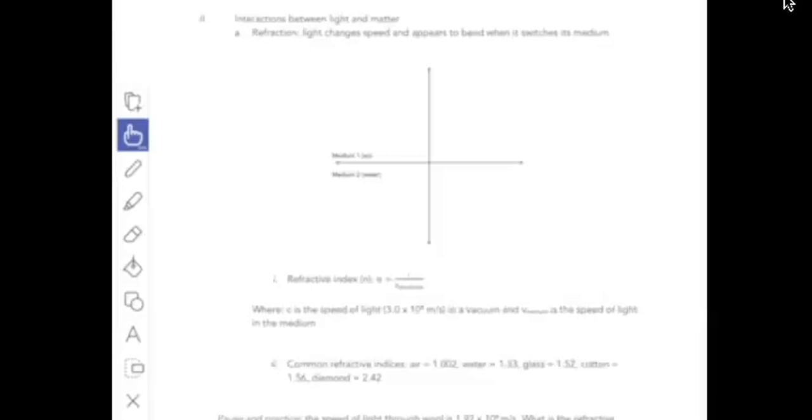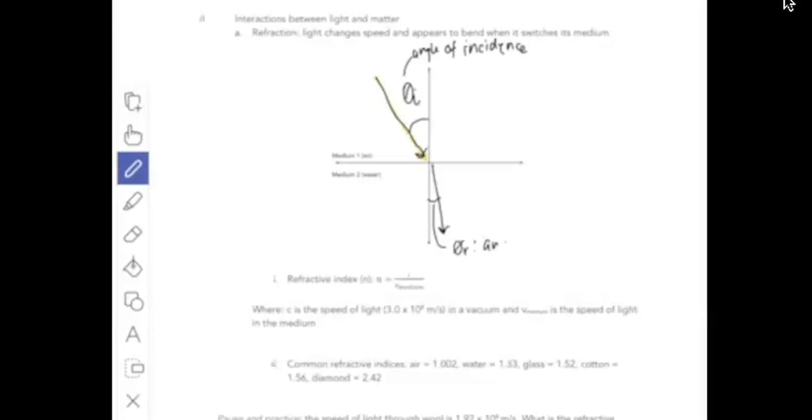If light was passing from air to air, it would continue in a straight line. However, when light rays move from air to water, and they hit the air-water interface at an angle called the angle of incidence, once they encounter water, they have resistance and the light slows down.